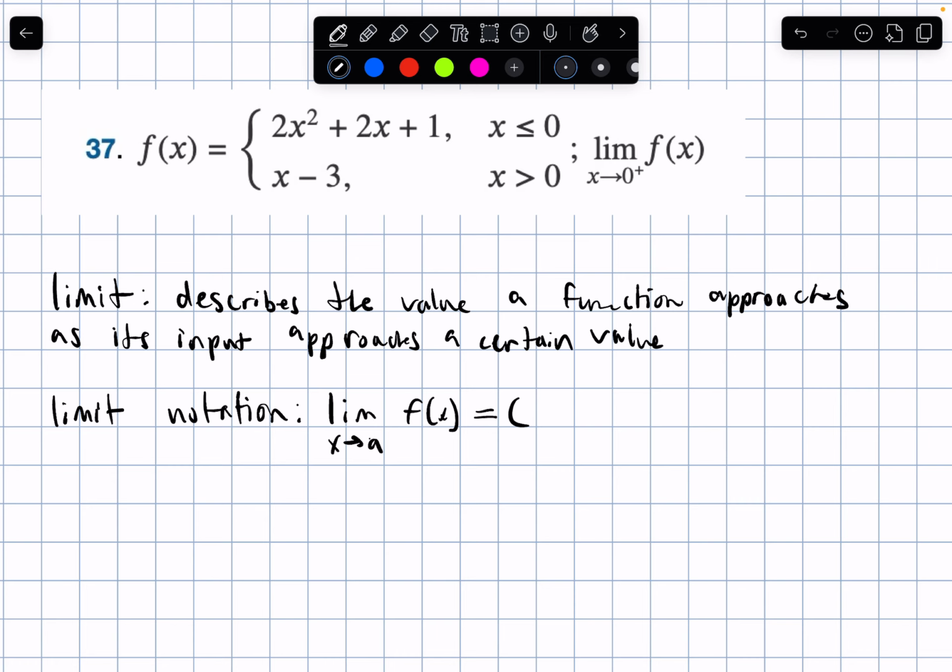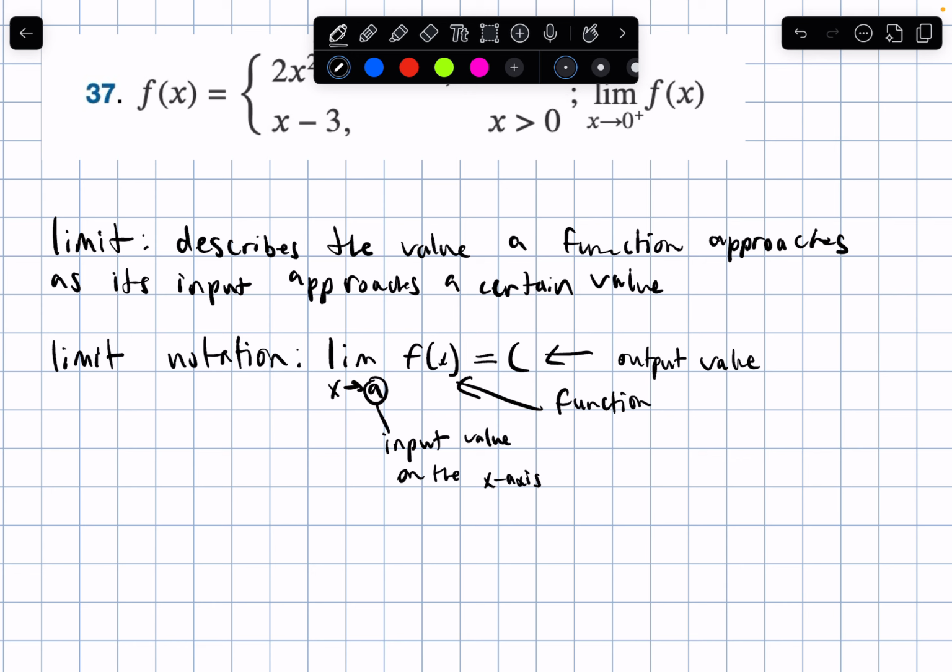So a is our input value, and our input value is located on the x-axis. f of x is our function, and c is the output value, the value that we're trying to solve for in this case.